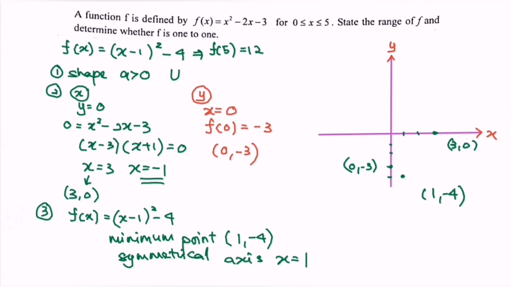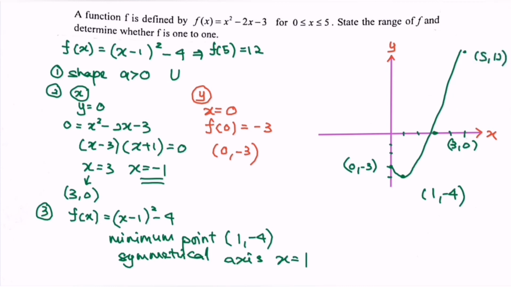Here we have 3, 4, and 5, and next we have the value 12. Now begin with the sketching, where we can locate the point 5, 12.